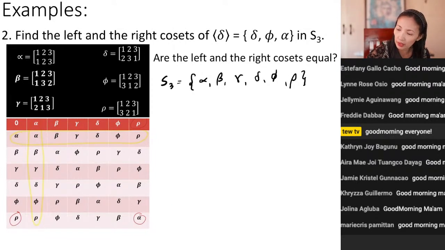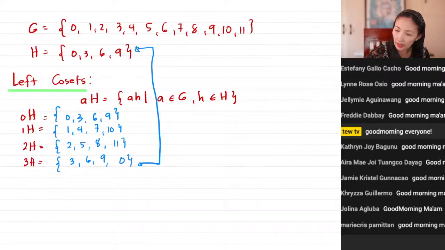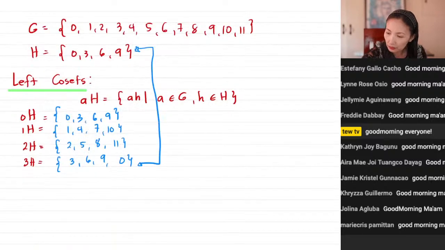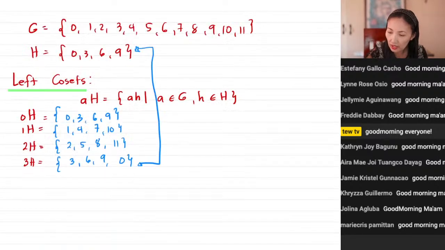So in our previous example, we found out that the left cosets and the right cosets pareho. Si H0, so here we can compare, our H0 is this, and our 0H is just the same. So we found out that H0, the right coset, is equal to the left coset.